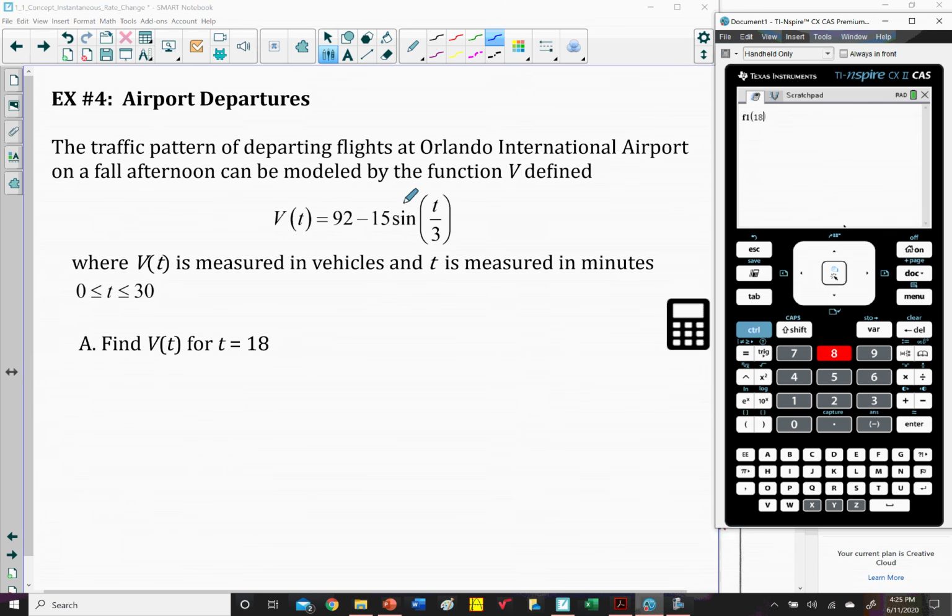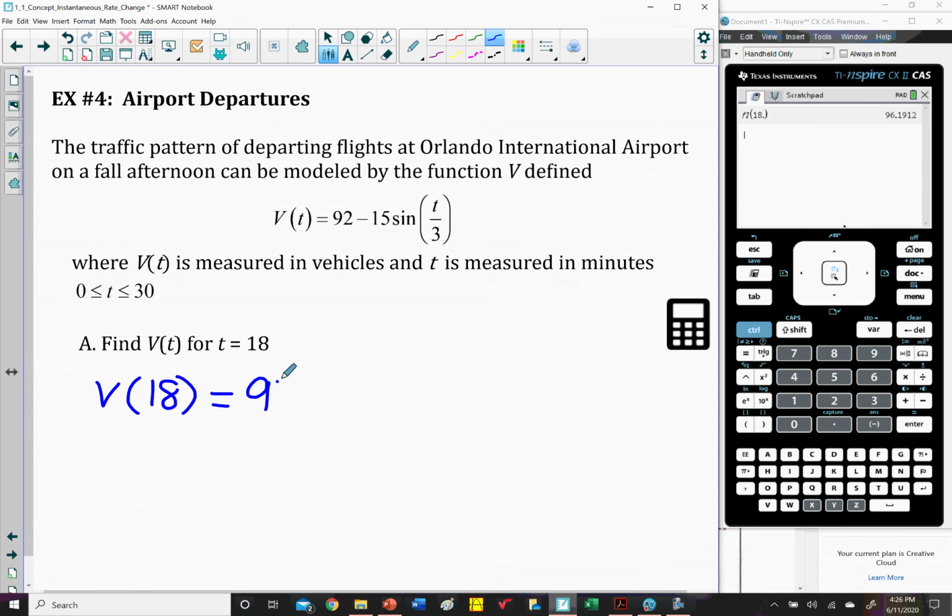And since it's got a sine function, I'm going to put a decimal after the 18 so I get a decimal answer. It's one of the features of the Inspire you need to know about. So the vehicles at 18, I said velocity, I meant vehicles, at 18 minutes is going to be calculated by 92 minus 15 sine of 6.